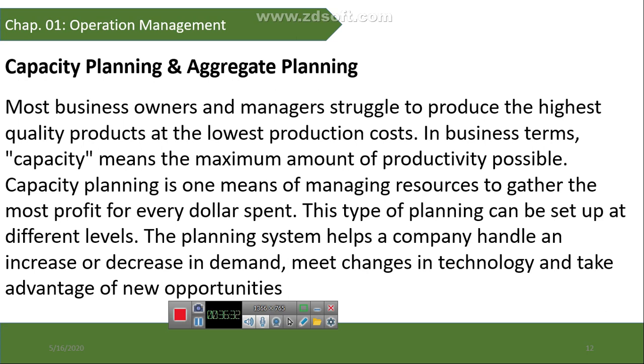Aggregate production planning strategy. This type of aggregate production planning strategy includes the chase strategy, level strategy, and mixed strategy.